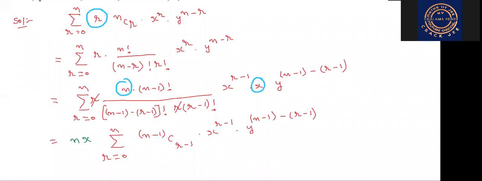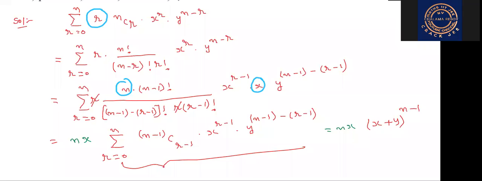So this is the total expansion. I am writing nx into (x plus y) whole power n minus 1 expansion only. Here they are written in shortcut form.